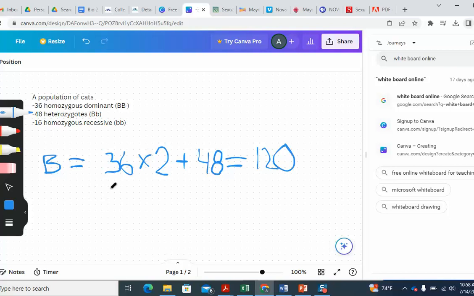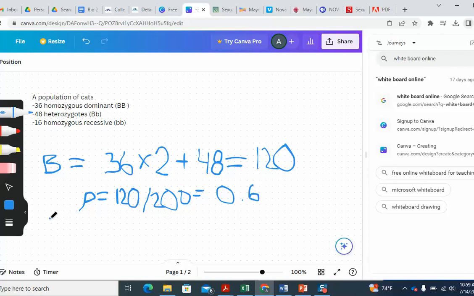So if I want to solve for P, which is how we denote the frequency of the dominant allele in the Hardy-Weinberg equation, I would take this number of dominant alleles, 120, and divide it by the number of total alleles in the population, which is 200. So P in this case is going to be 0.6. That's the frequency of the dominant allele.